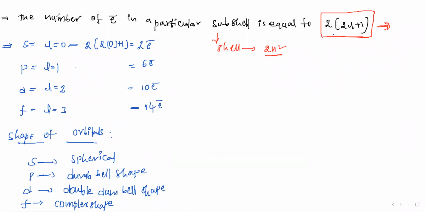Okay, I am going to remove this page. And next, keep the heading magnetic quantum number.